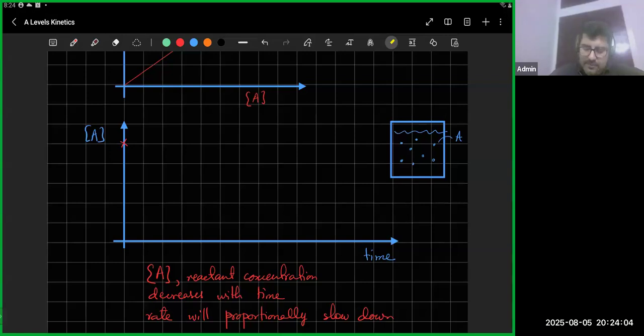So how do you do this? How many boxes is this? One second. So let's put it here. This is how your graph would probably appear if A's concentration starts to decrease. It's 5 boxes.